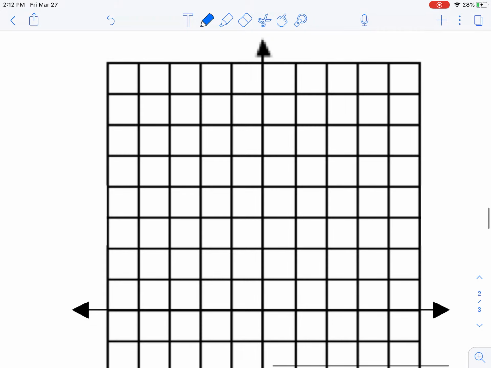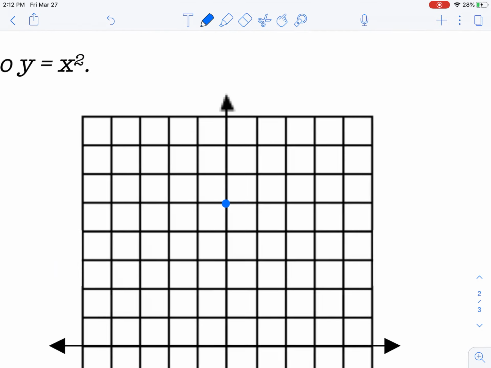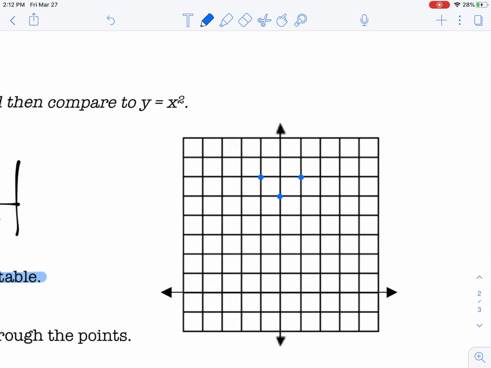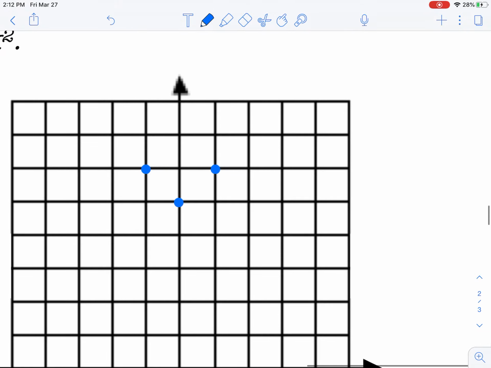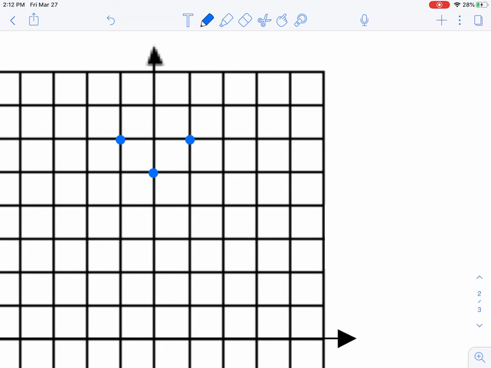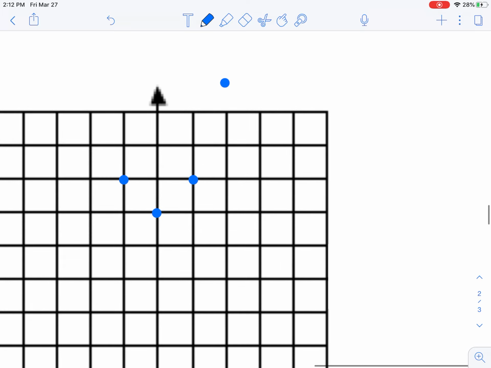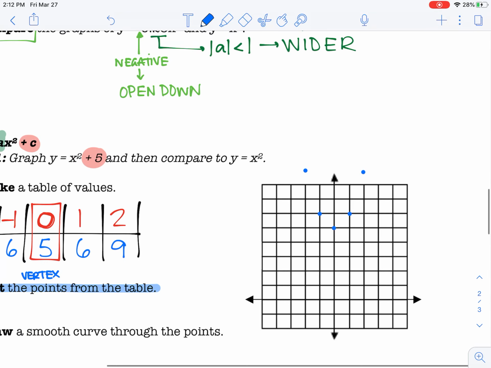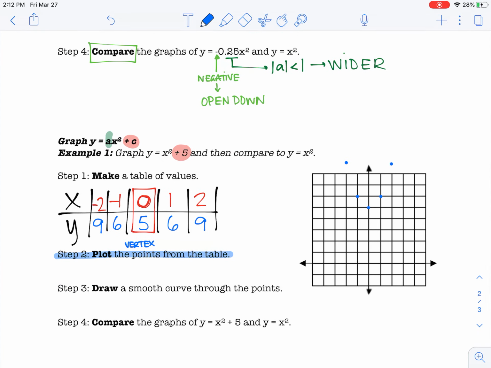So we're at 0, 5. 1, 6, and -1, 6. Again, you'll see that they kind of reflect across your y-axis since it's symmetric. And then 2, 9, which I believe is just one spot above. And those should be the dots for y equals x squared plus 5.